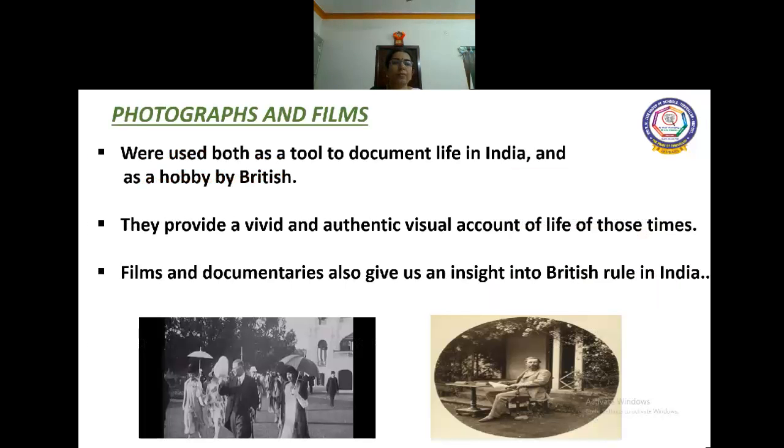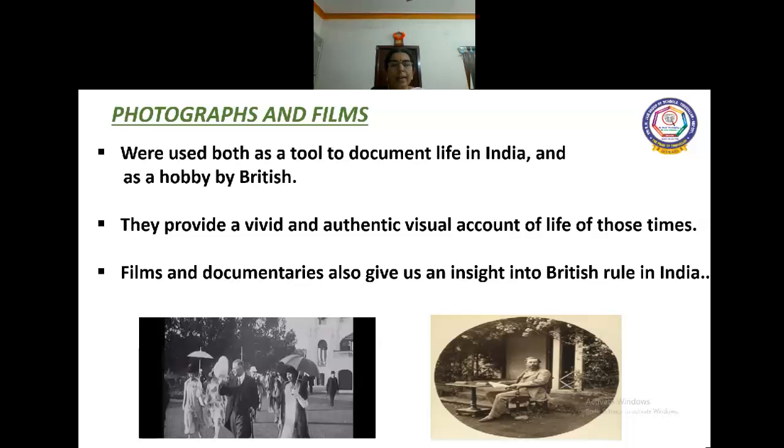About photographs and films, these were used both as a tool to document life in India and as a hobby by the British. So they took photographs and documented it. They provide a vivid and authentic visual account of life in those times. The life of the people who lived during the British period was expressed in those photographs.